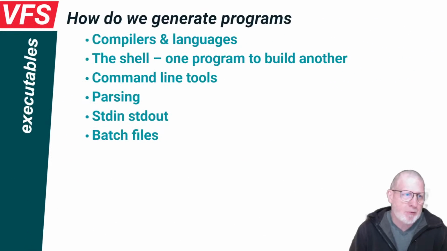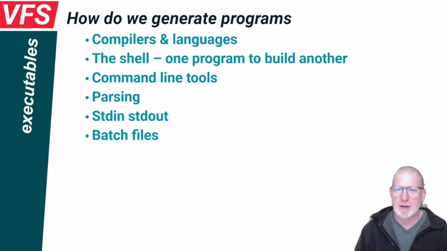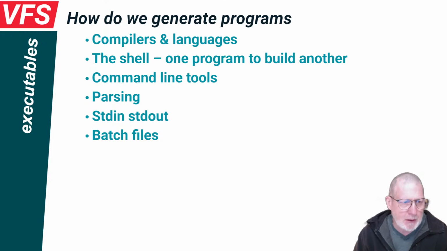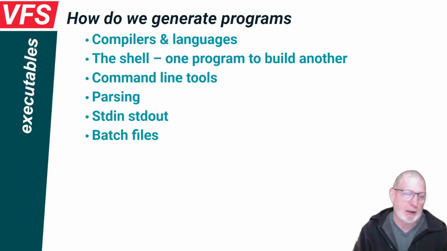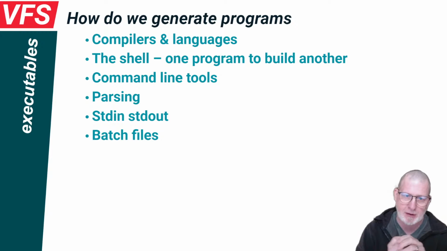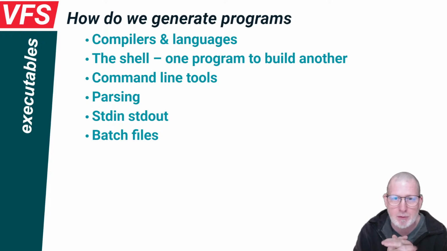For the most part, the tools that we've used to build programs break down into compilers, languages, and the shell to tie them all together, all done from the command line. So we're going to do a little bit of that today. We're going to play with it a little bit. I promise you we won't make you write anything hard or difficult. I'll walk you through it. I won't promise you won't see programming languages you haven't seen before, because you will.